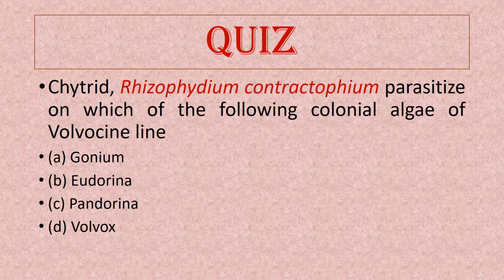Now these are all colonial algae, Gonium being a flat plate shaped alga, Eudorina and Pandorina having either a spherical or ellipsoidal colony. Volvox has a spherical colony. So this Eudorina is host to the parasite Rhizophidium contractophyllum. So the answer is option B.